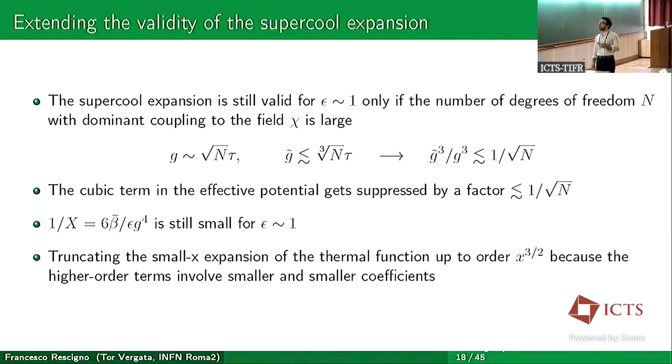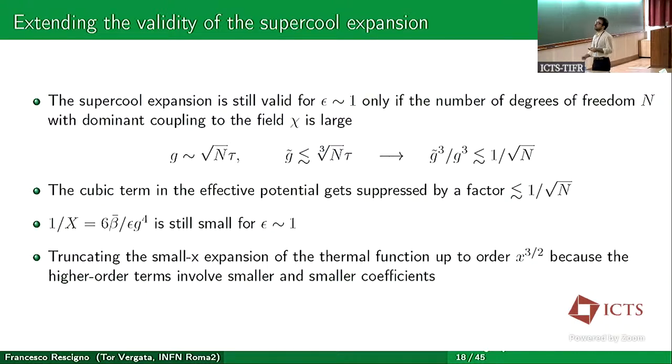So despite the epsilon parameter being of order 1, the cubic term in the effective potential gets suppressed by a factor that is at most of order 1 over square root of N. Moreover, 1 over x is still small for epsilon of order 1 since beta bar is loop suppressed, so this means that x is large.